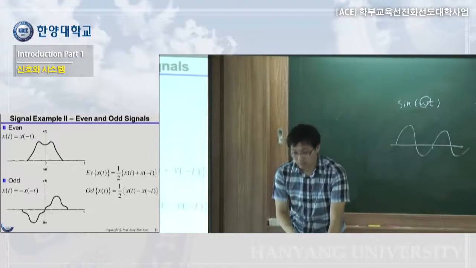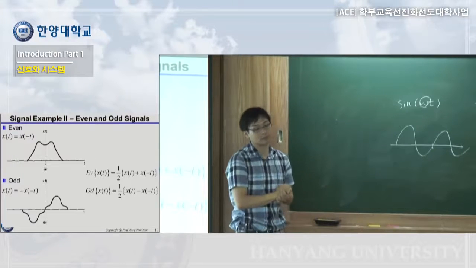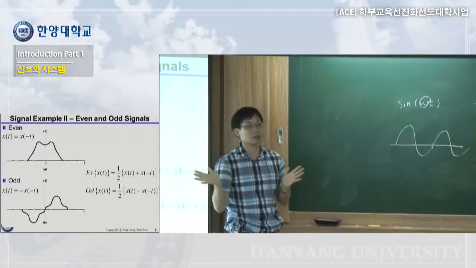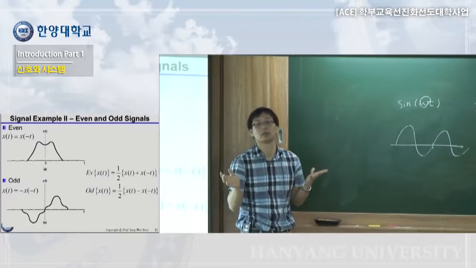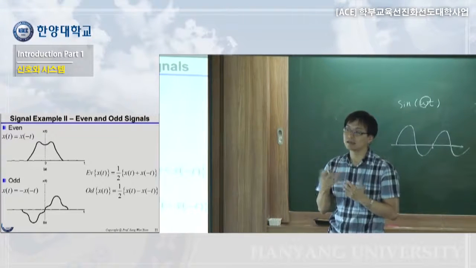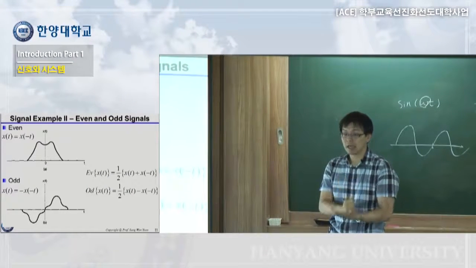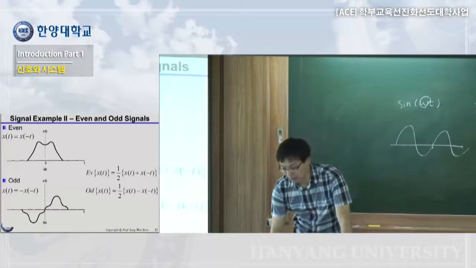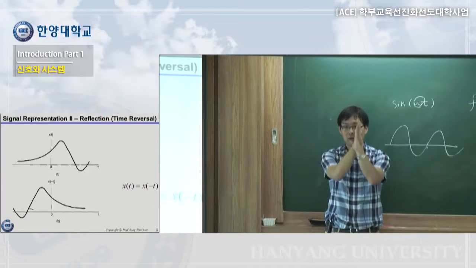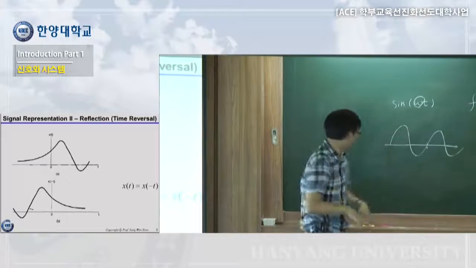Okay, another one: even and odd signals. Even is 2, 4, 6, 10. Odd is 1, 3, 5, right? But I feel it's a little bit different here. Even means they are time reversal symmetric. Let's remember that. Time reversal reflection: they are symmetric about the y-axis. So how do we define it?